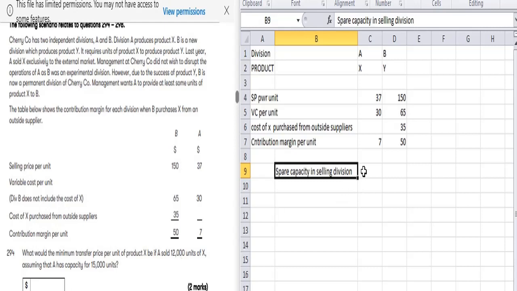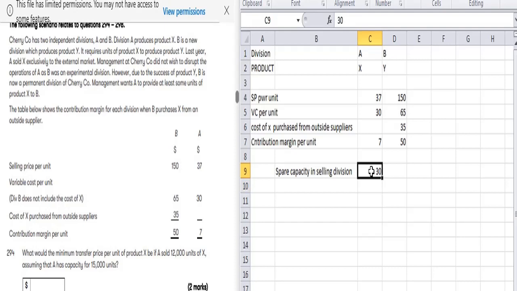In that case, whatever price is charged by division A for product X to B will be equal to the marginal cost of the selling division. So what is the marginal cost for division A for product X? Marginal cost means the variable cost, and the variable cost is 30, so it will be 30.